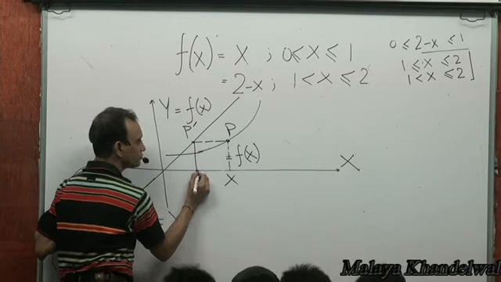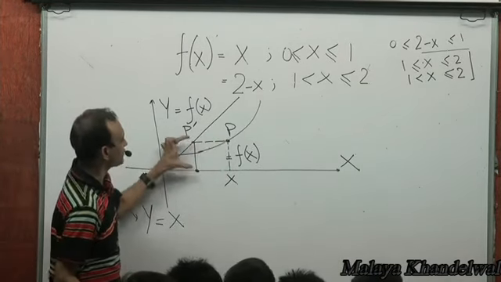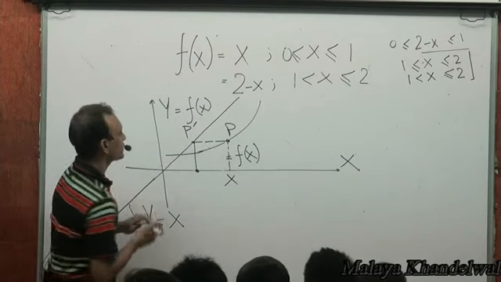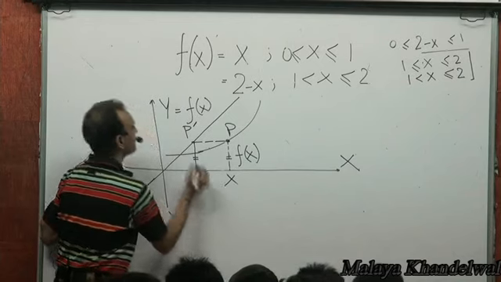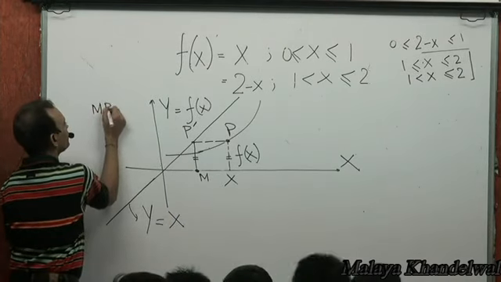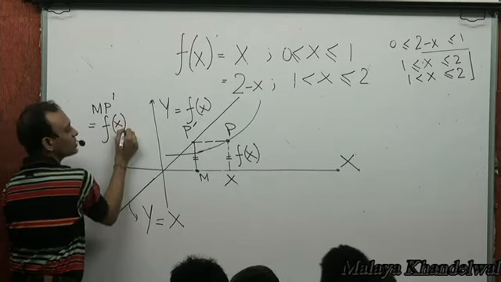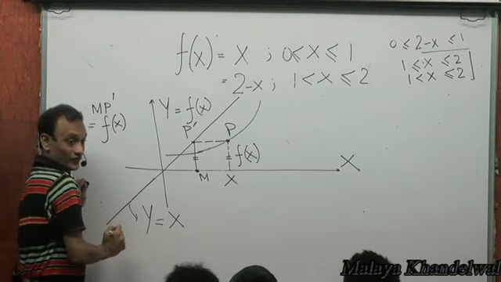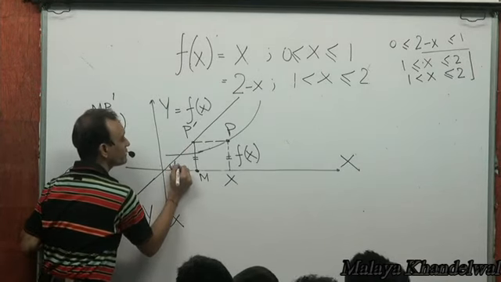Now, do you realize that if this length is f(x), this length will also be f(x)? Yes or no? Then MP prime will also be f(x). Now, if MP prime is f(x), this angle is 45 degrees.